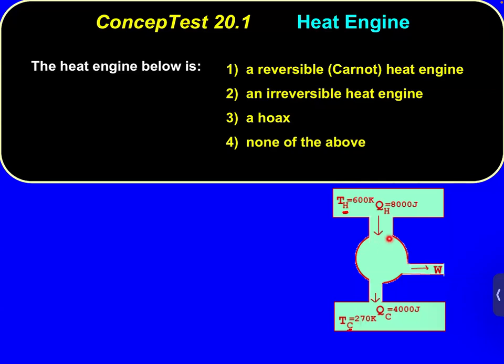This engine draws 8,000 joules of energy from the hot reservoir. As a result of heat flowing from the hot reservoir to the cold reservoir, some work is done. The heat waste is 4,000 joules to the cold sink.